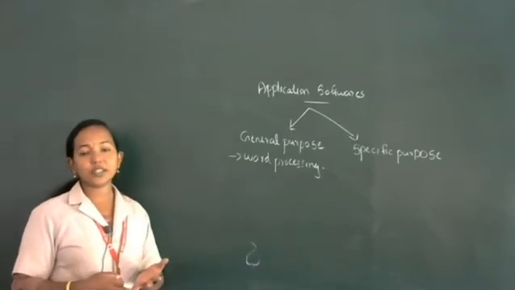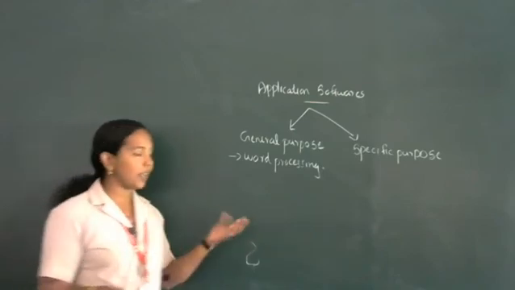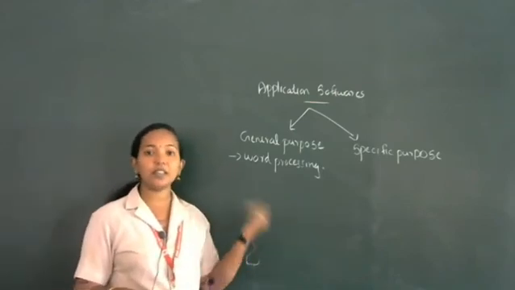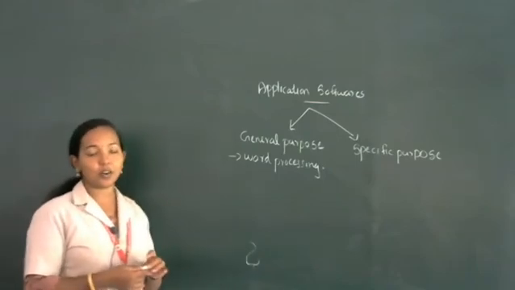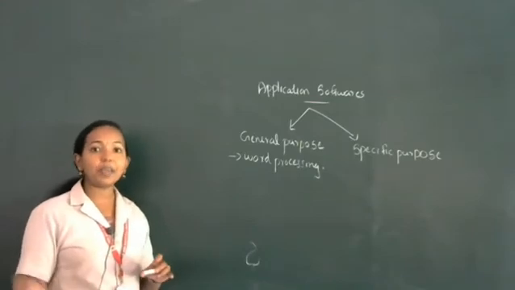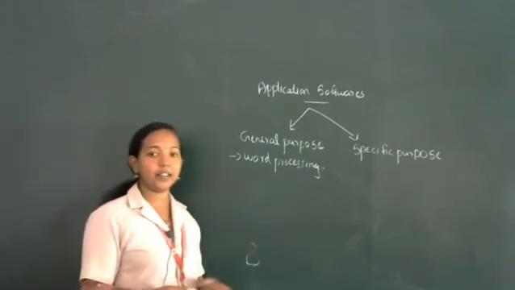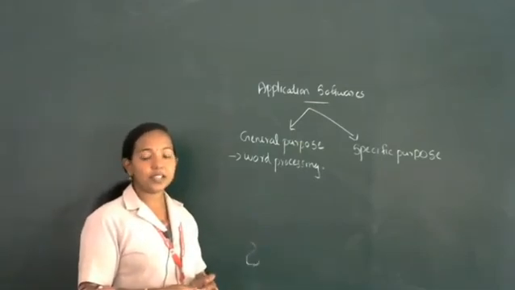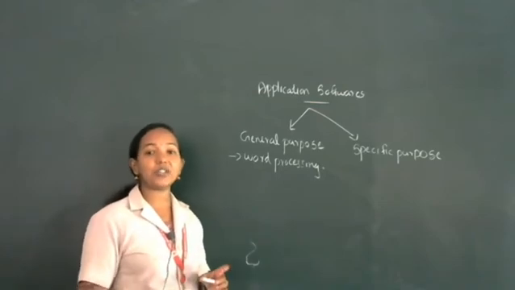The majority of users use it. If it is Windows, we use MS Word. If it is Linux, there are softwares called OpenOffice Writer, LibreOffice Writer, and AbiWord. Many other softwares are also present, and we can make use of any of them. These softwares are only used for creating and editing text.